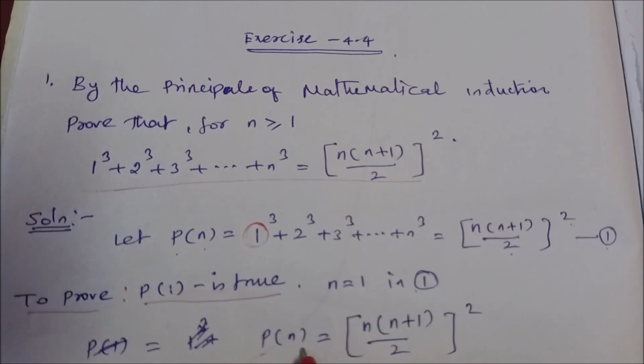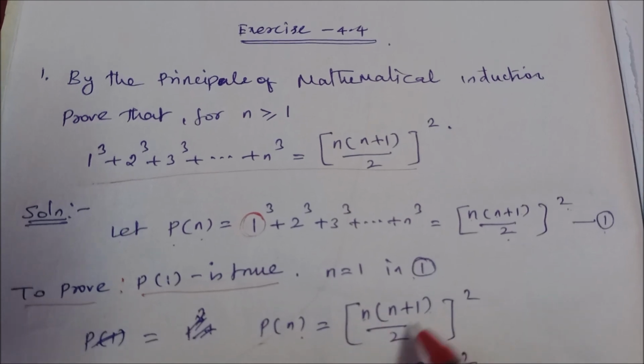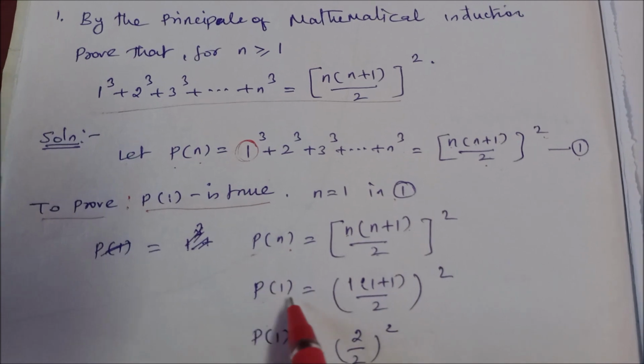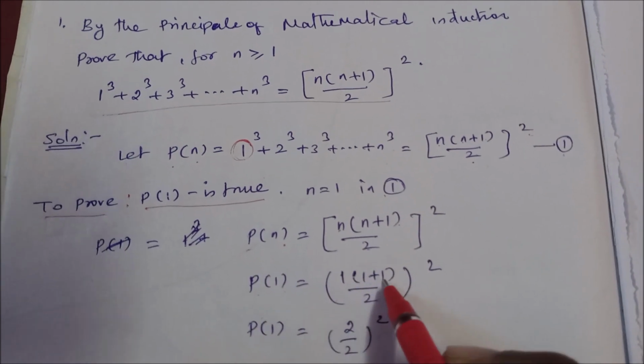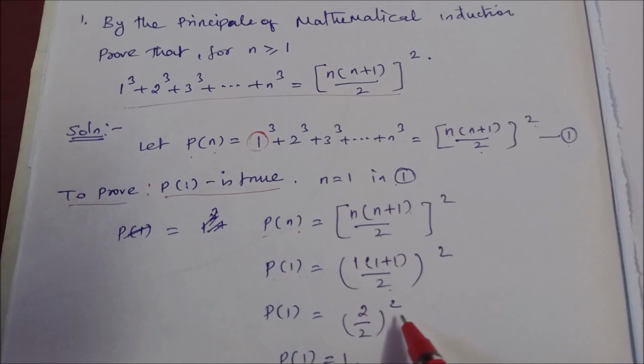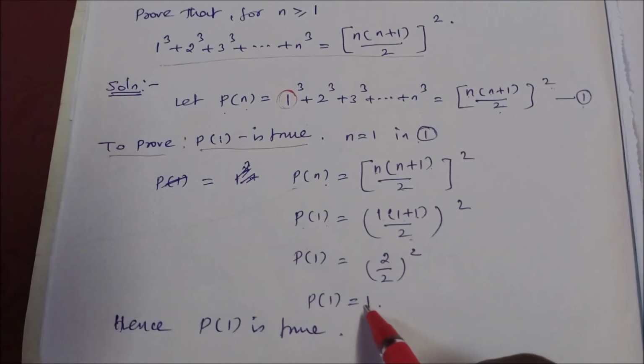Therefore P of 1 equals 1 into 1 plus 1, whole square by 2, which is 2 by 2 whole square. P of 1 equals 1.